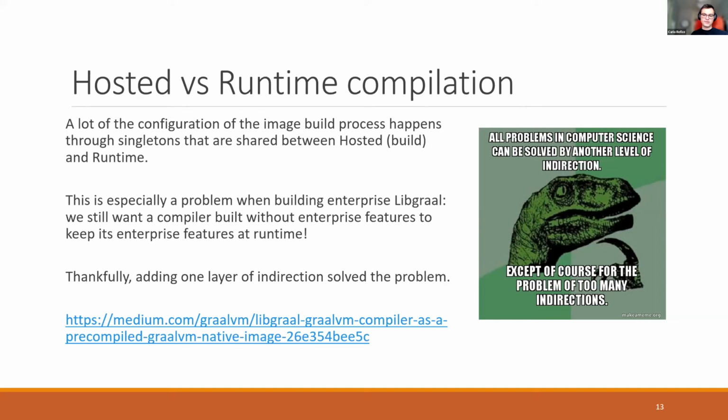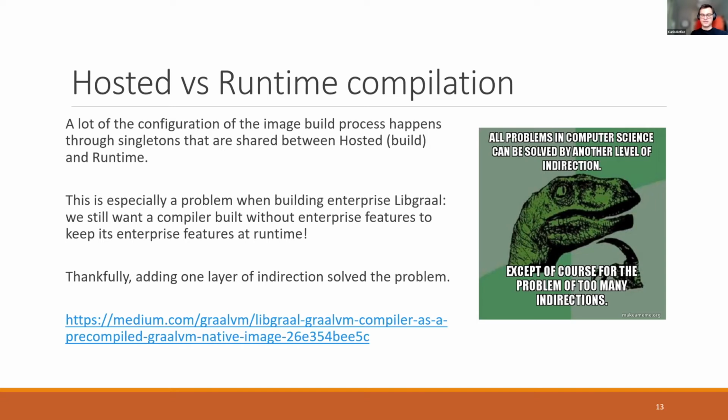And with most programs, that does not pose a significant problem. The program is mostly not interested in the flags that were used to build it. But one instance that is special is that of libgraal.